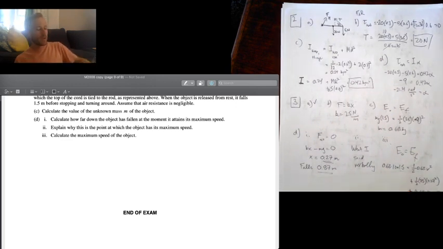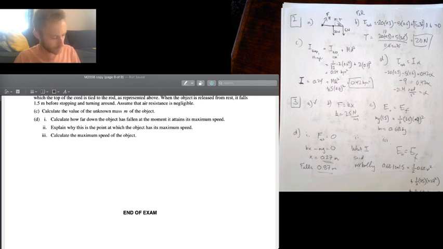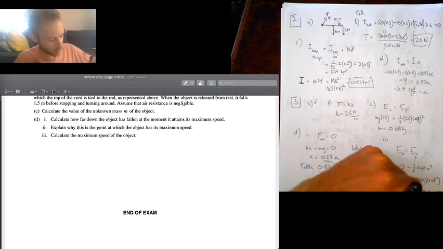Okay, and we can solve for the velocity. We get a speed of 3.8 meters per second.